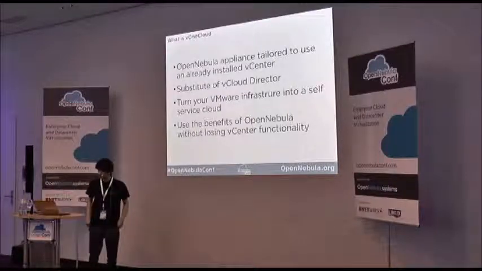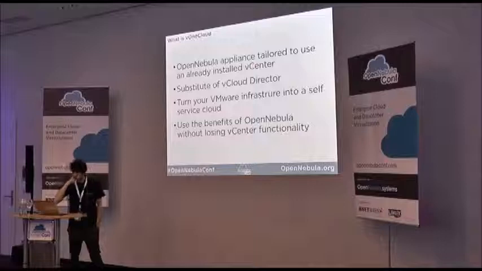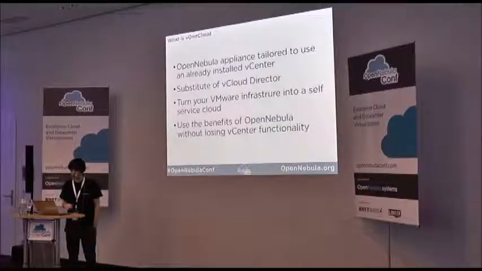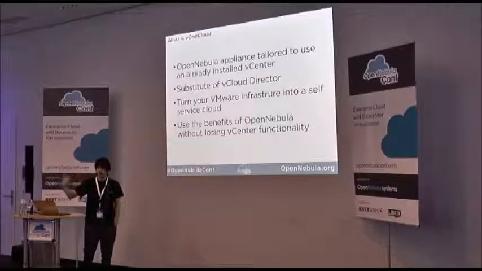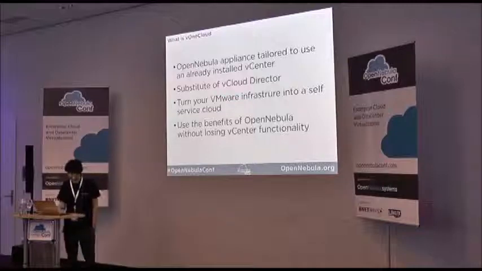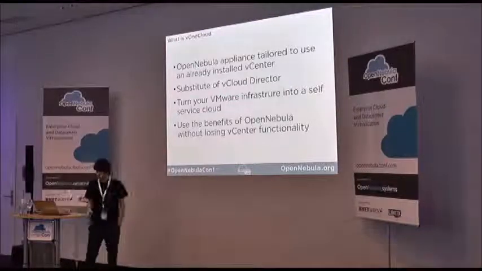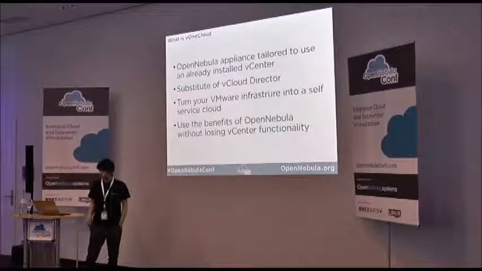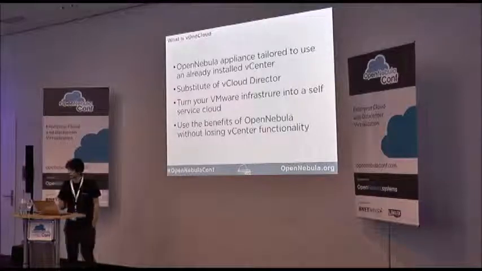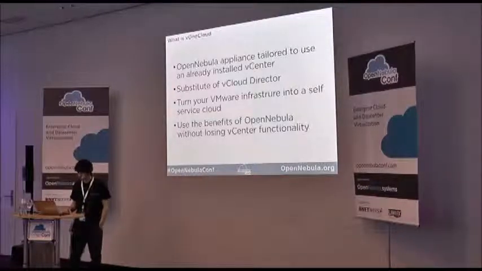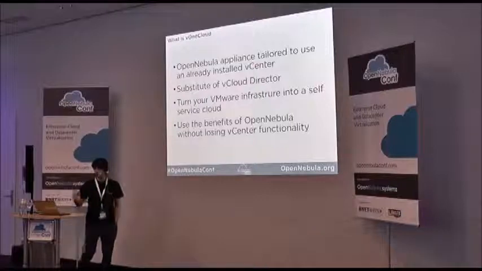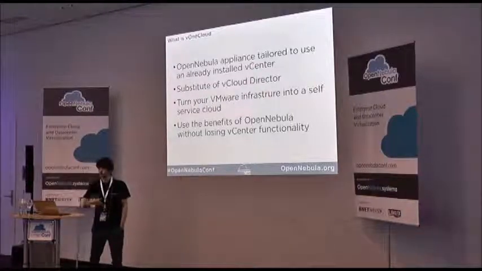With this appliance, you substitute vCloud Director, or you add this cloud layer on top of vCenter, so you can convert your VMware infrastructure into a cloud-like infrastructure. And the good thing is that you can also use the other features that OpenNebula provides.